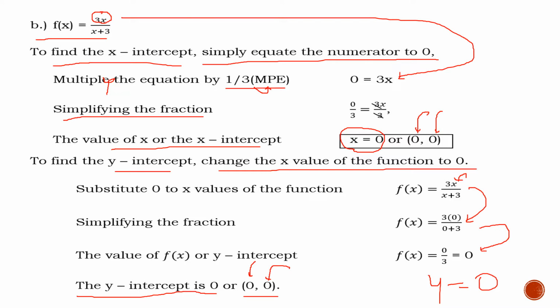Now, with the given rational function 3x over x plus 3, both your x-intercept and y-intercept fall on your origin. So the point of intersection between your x-axis, your y-axis and your graph falls at the origin, meaning your graph will pass through the center of your Cartesian plane, or at the (0, 0) mark.